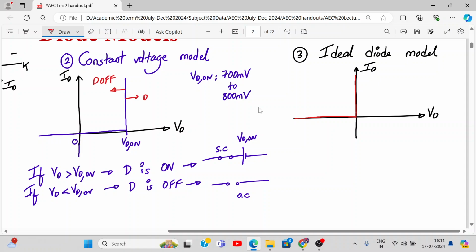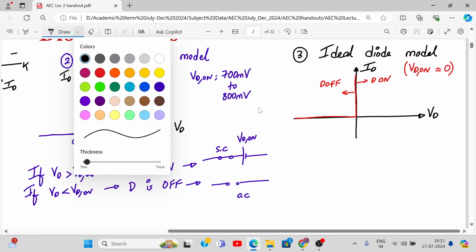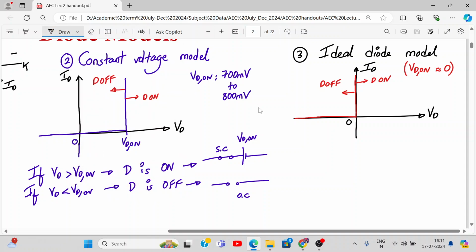Anything beyond this line, diode was on. Over here, if Vd is positive, diode is on. And if Vd is negative, diode is off. As simple as that. So how can we modify the equations? Basically, we can say here Vd on was approximately equal to 0. Agree? Yes or no? So this was 0.